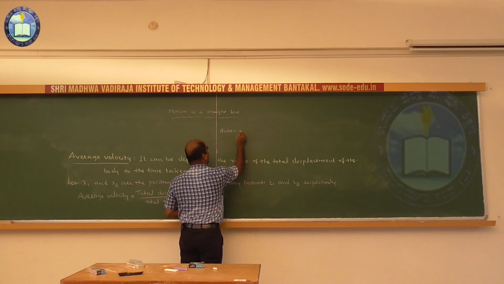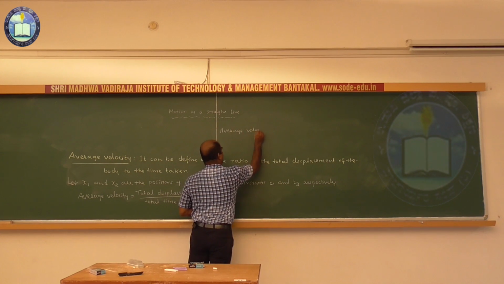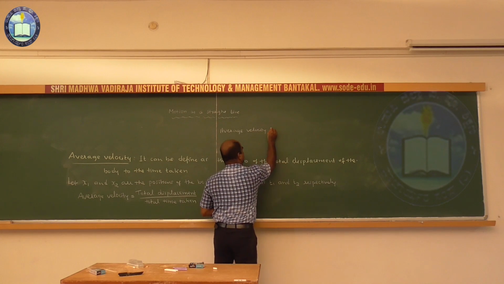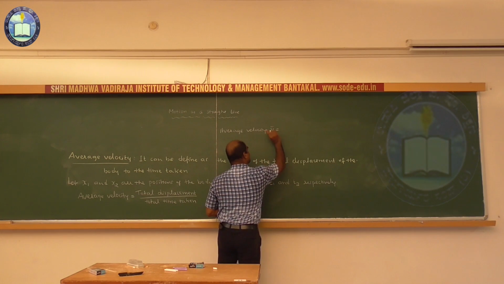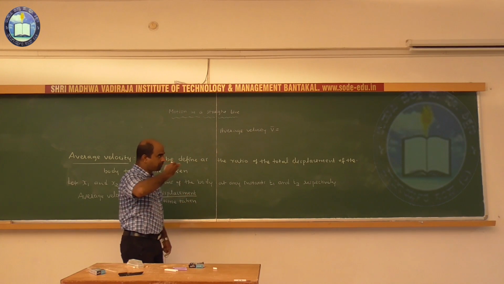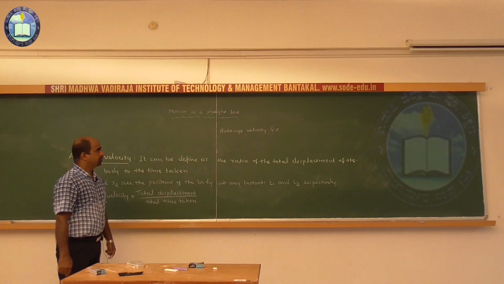So, average velocity is represented by putting a bar over the v, read as v bar. So v bar is given by the displacement of the body.